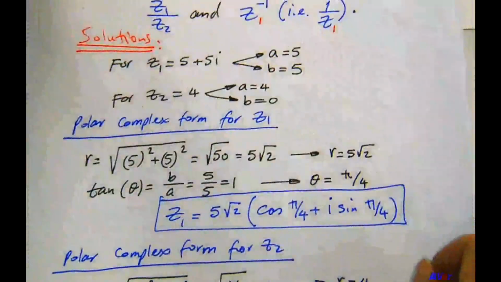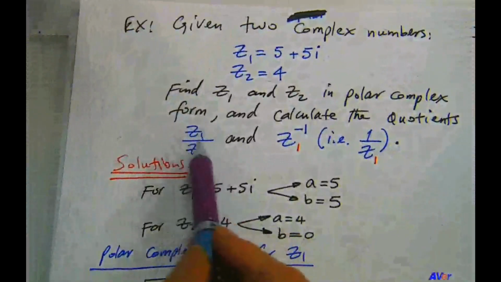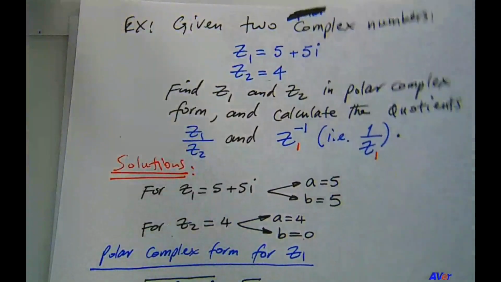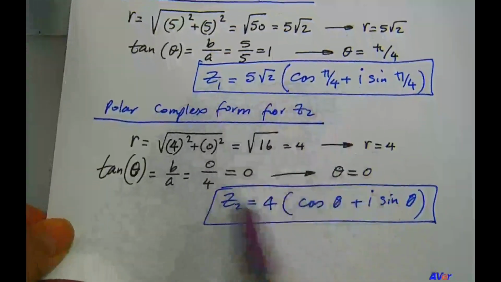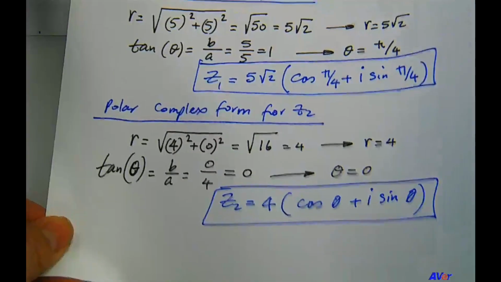Okay, so let's carry out this one, z1 over z2. Let's divide these two polar complex numbers by each other. We have a formula for that, right?